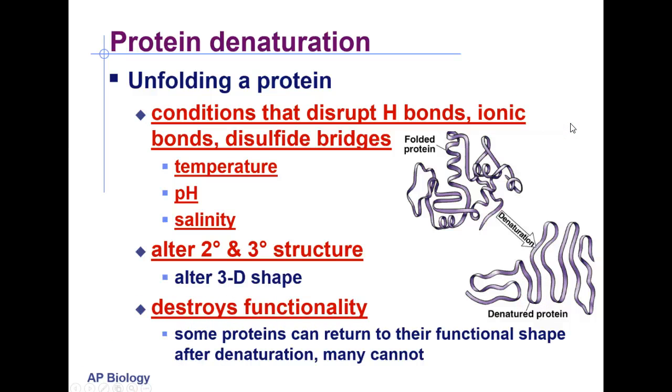And you can't reverse this either. That's why it's so important for our body to stay at a temperature of 98.6, because if we get too hot, our proteins denature. We break those important covalent and ionic bonds holding the different folds together.